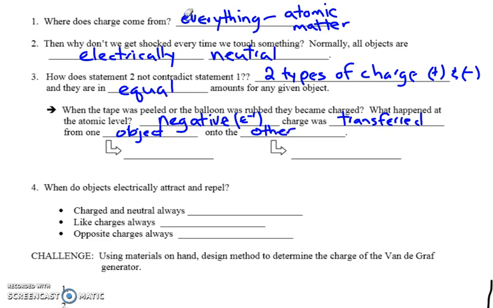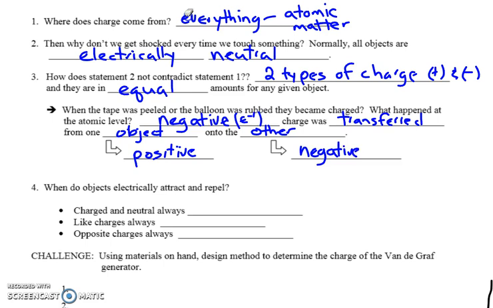Okay, so a very important point here is when you charge something up, you are stripping the negatives off of one body and you're transferring them onto the other. The object that we transfer from takes on a positive charge if we're taking electrons off of it. And if we're depositing them onto the other, then that must become negative.